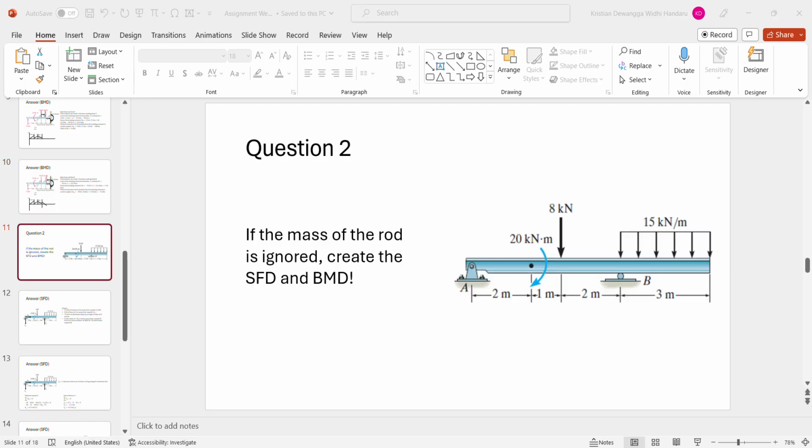For question number 2, if the mesh of the road is ignored, create the SFD and BMD.